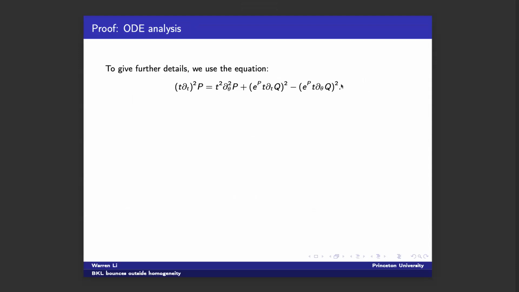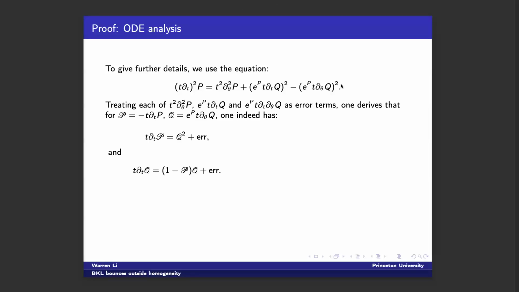Basically, I'll describe the scheme of the proof just using the single wave equation. I'm going to treat lots of terms as error terms, including these top order terms, that top order term, that top order term. I'll treat them as error terms, and I want to derive ODEs. So I just take t d_t of curly p. Curly p is minus t d_t, so if I take t d_t of that object, I get minus this side.